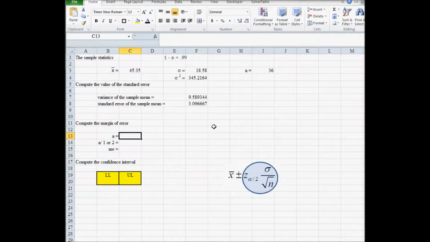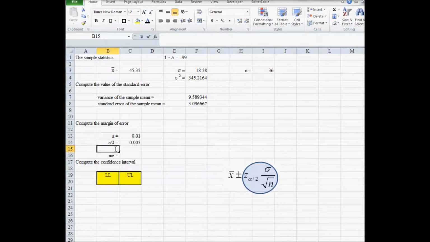So alpha is 1 minus that, 0.01. And because the confidence interval has 2 values, we have to divide alpha by 2. So alpha divided by 2 is equal to 0.005.